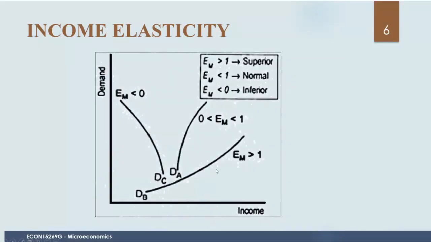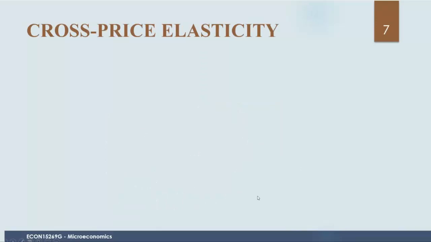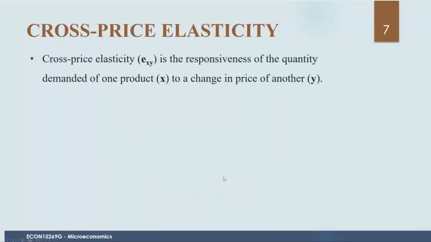Now, cross-price elasticity looks at the responsiveness in the quantity demanded of a good relative to the price of a related good. Remember, the quantity demanded of a good is a function of the price of the good. That's the most important, what we put on the demand curve diagram.